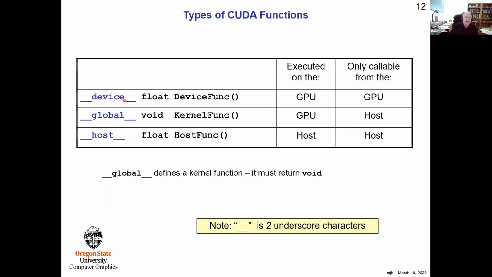Okay, and then the compiler knows how to set this up. If I have something I want to call from my C program, but have it run on the GPU, I flag that as global. And if I have something on the host that I want to run on the CPU, I flag that as host, or I don't flag it at all. In that case, it's a C function, okay?